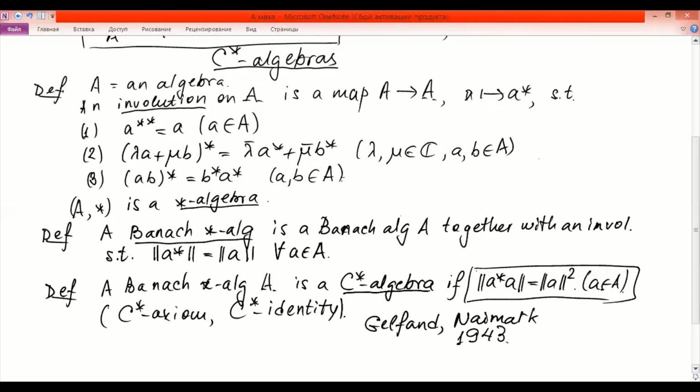So nowadays, the theory of C-star algebras is one of the biggest and a very rapidly developing fields of functional analysis.